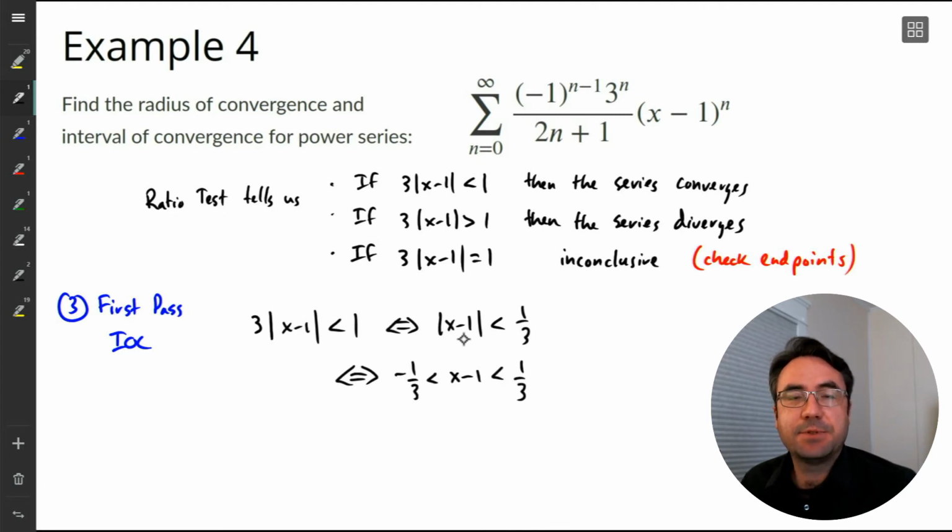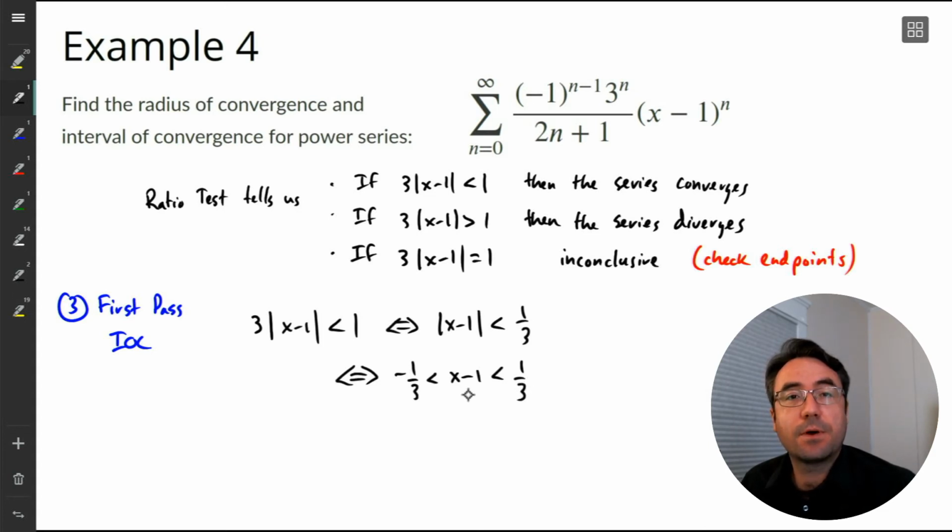So when we have the absolute value of x minus 1 is less than 1/3, we can write that as a double inequality where x minus 1 without the absolute value sign is greater than the negative value, negative 1/3, but less than the positive value, positive 1/3.